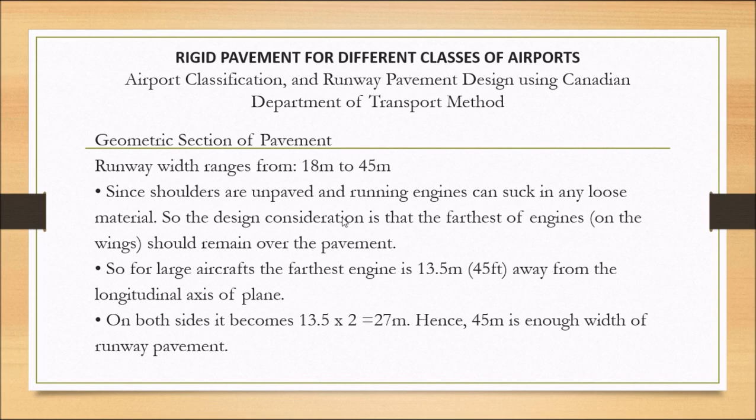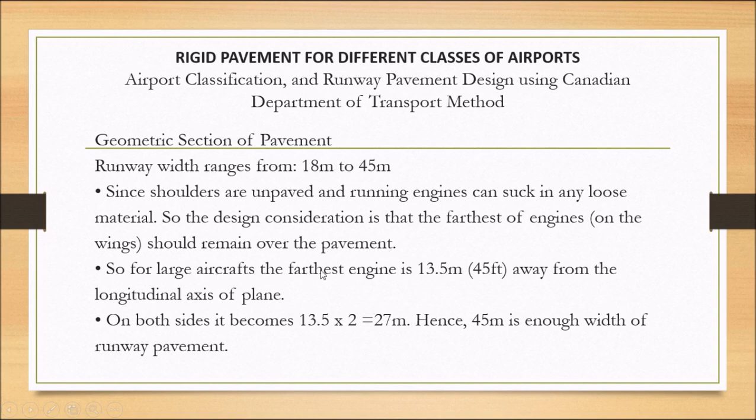Next, we consider geometric section of pavement. Runway width ranges from 18 meters to 45 meters. Since the shoulders are unpaved and a running engine can get stuck in any loose material, the design consideration is that the farthest engine on the wing should remain over the pavement.